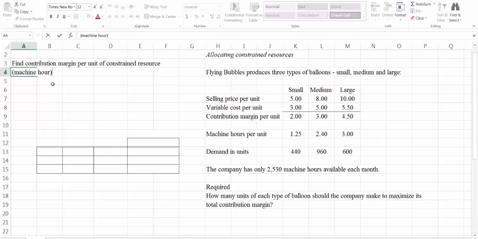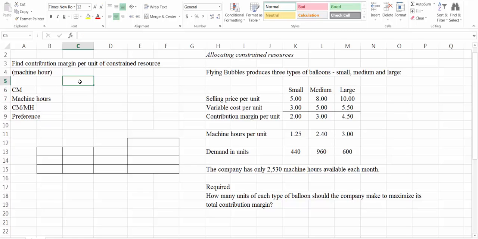So we're going to find our contribution margin. We're going to get the number of machine hours. And then we're going to divide to get contribution margin per machine hour. Then we're going to get our preference, which is going to be based upon our contribution margin per machine hour.